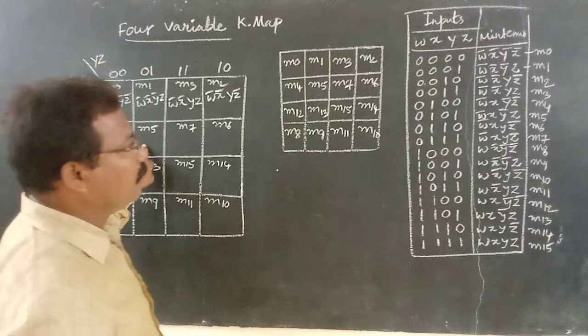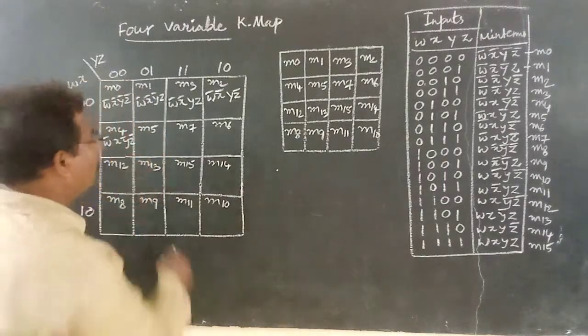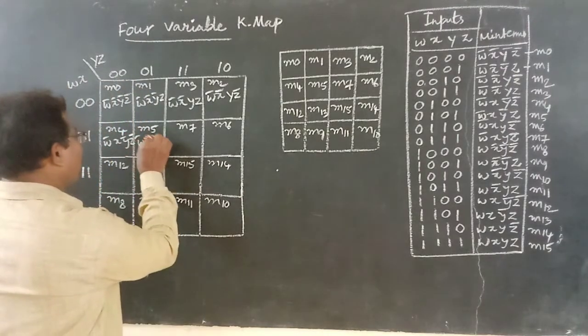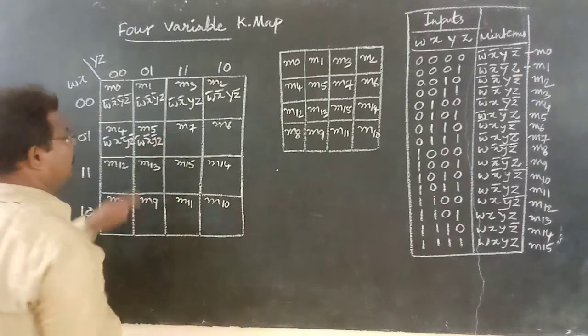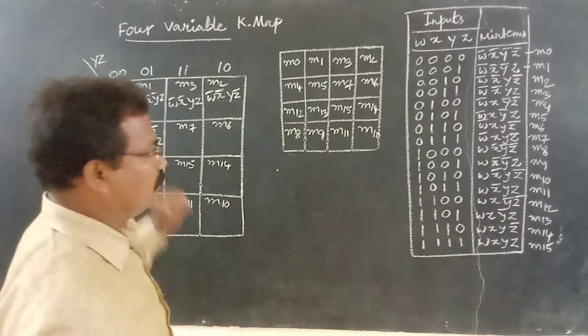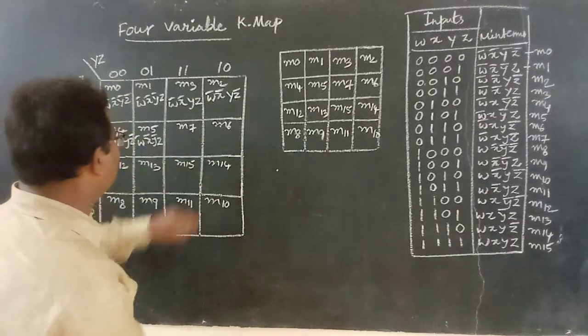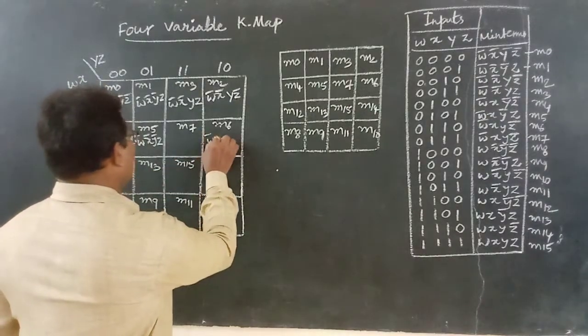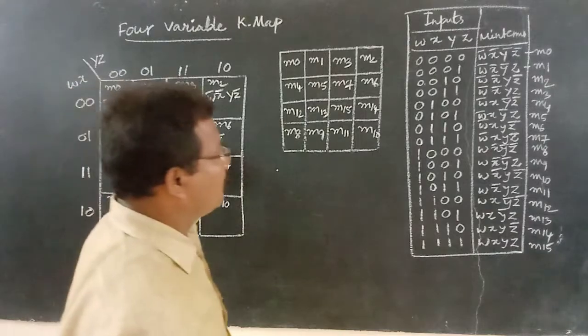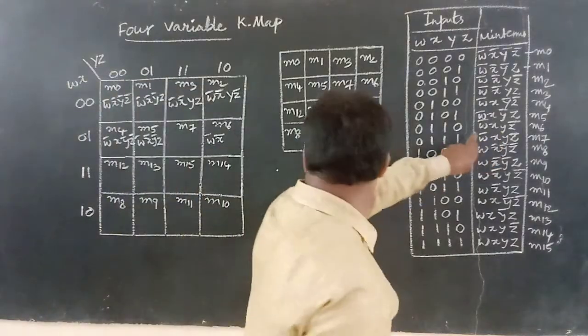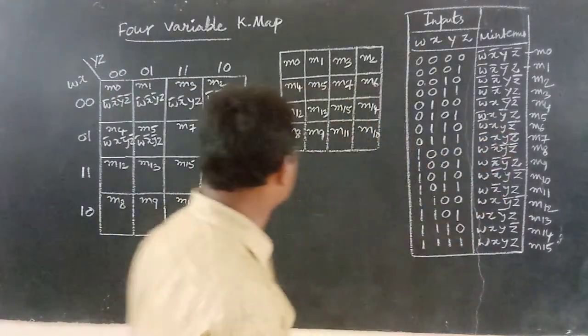And the fifth minterm, W bar, X, Y bar, Z. Next, the sixth minterm M6, W bar, X, Y, Z bar.